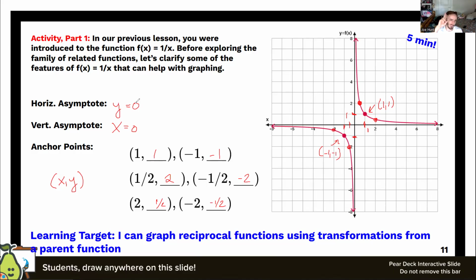So this is just, again, a little more review, a little more repetition of the fact that it's kind of the opposite value for vertical and horizontal. Horizontal is a y value, which we usually think is running up and down. The vertical asymptote happens when x equals 0, which we usually think of the x values as running from left to right. So it's kind of tricky there. We're just hitting that one more time.